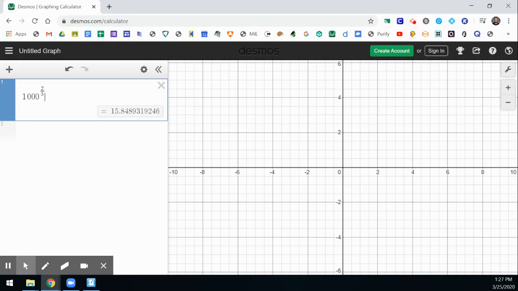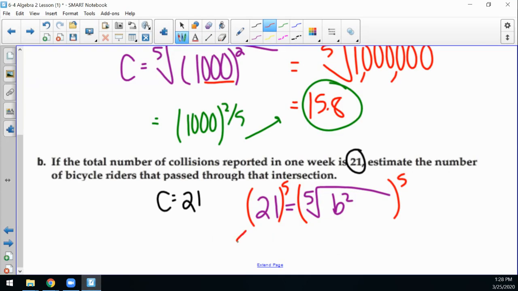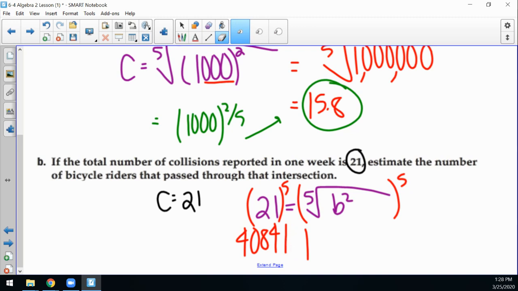Well, I go to Desmos, and I just say 21 to the fifth power is 4,084,101. Okay, and to make sure that number is correct, 101. That's why we double check our answers all the time, right? 4,084,101 is equal to b squared because the fifth root and the fifth power cancel each other out.